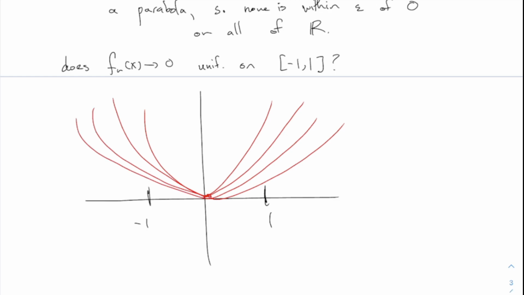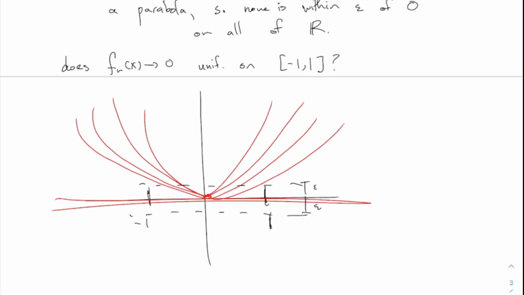And again, you know, they go to 0, right? And I'm thinking about this little strip here made by epsilons. What do you say if I'm only considering from -1 to 1 here? Is it true that these graphs all eventually fall within the band?